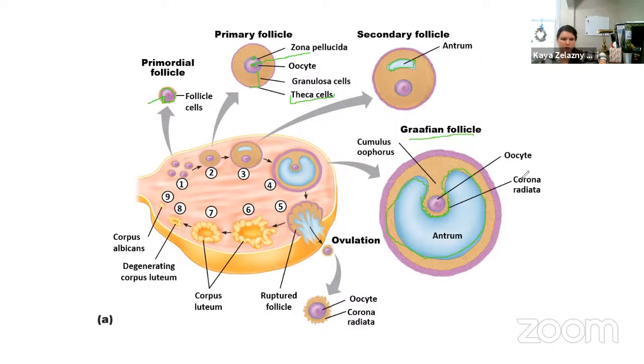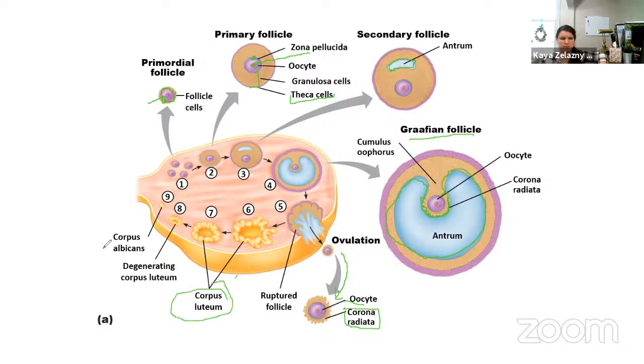We call those the corona radiata. They have their own term, right? But then the antrum bursts, the corona radiata, a couple of those granulosa cells from before, and the oocyte are released into the female reproductive tract. Everything else is staying, becoming the corpus luteum.